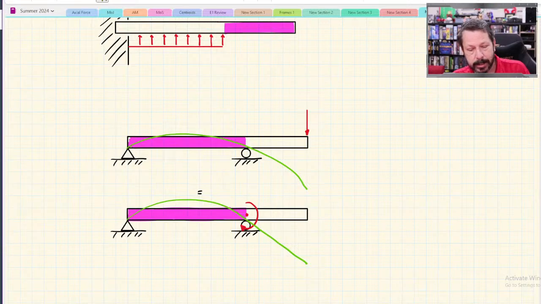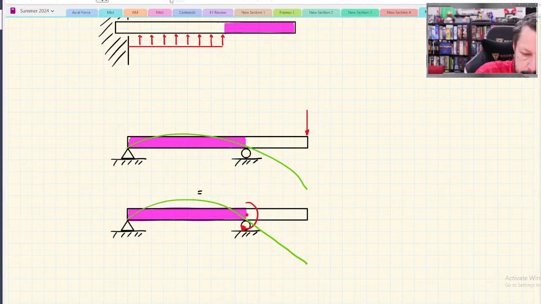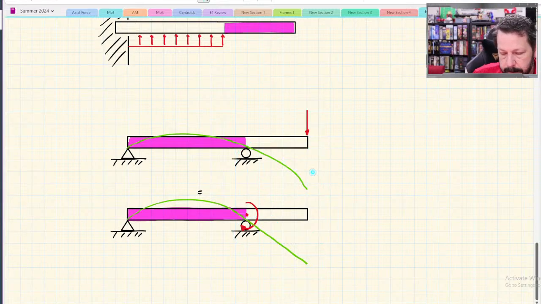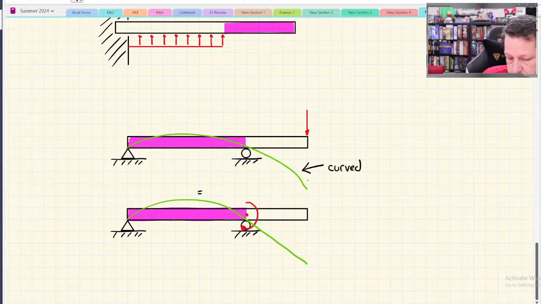In the pink section, they would be the exact same. Looks like I drew my bottom one more deflected, but the difference is going to be in here versus here. So in the point load version, this segment is curved. In the concentrated moment section, that same segment is straight.